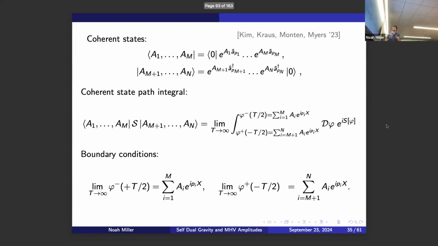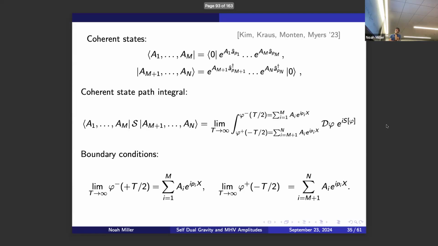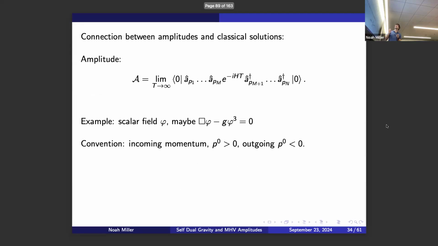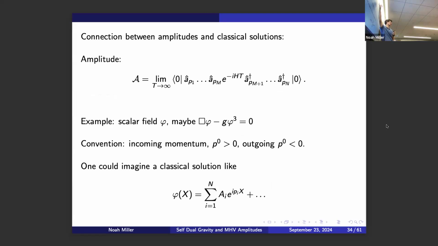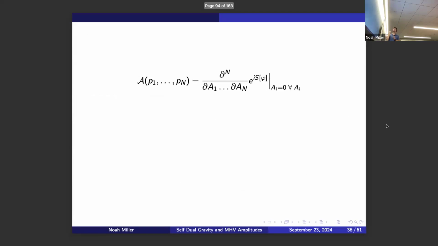Right, so in the stationary phase approximation, if you want to evaluate something like this, you would just find the classical solution and evaluate the action on it. But we're not interested in coherent states with finite amplitudes. We're interested in actual scattering amplitudes, of elementary quanta. The way you can recover that is by differentiating with respect to A1, A2, A3, and so forth.